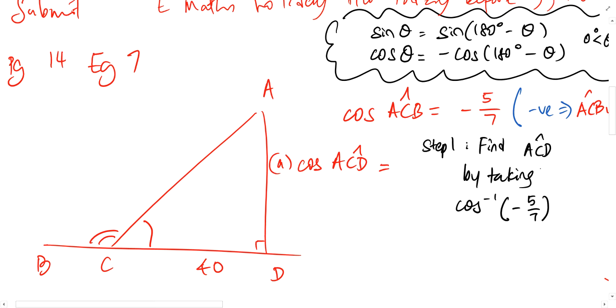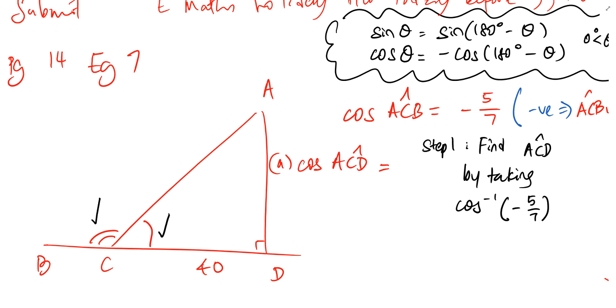Okay, but when you take cosine inverse negative 5 over 7, what angle are you finding? So you mean you want to find this angle, is it? Then what do you do? Then 180 minus this one to get this one, is it? And then what do you do? No, they want cosine ACD. They don't want the angle ACD.